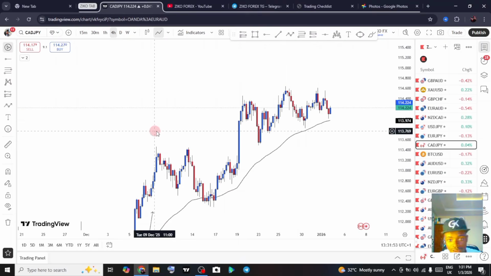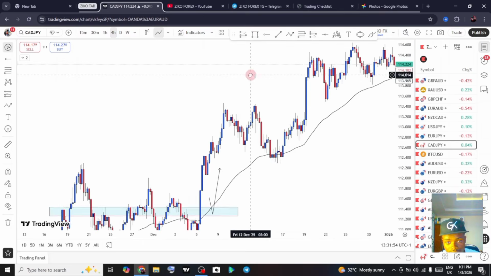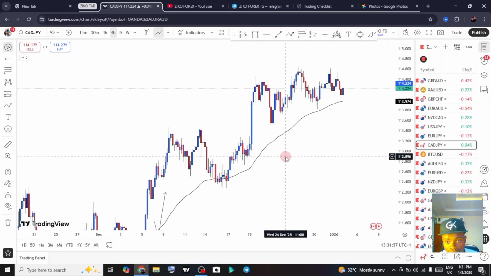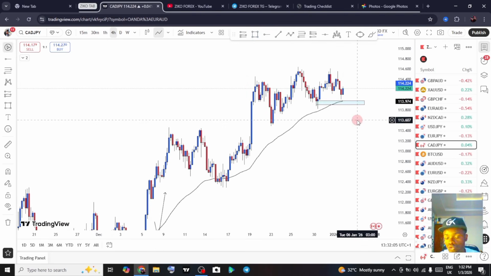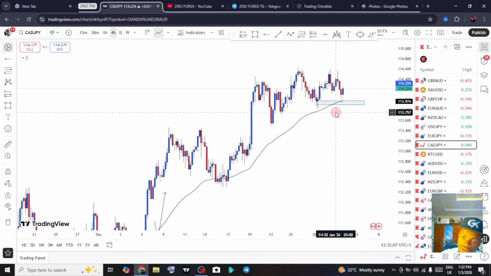It's bearish in this case, but we are still holding price as support right now. For price to be clearly bearish, we still need price to break below this low, by the way, right? We still need price to break below this low to confirm that it's very bearish. But right now it's technically bearish, but it's not that strong.